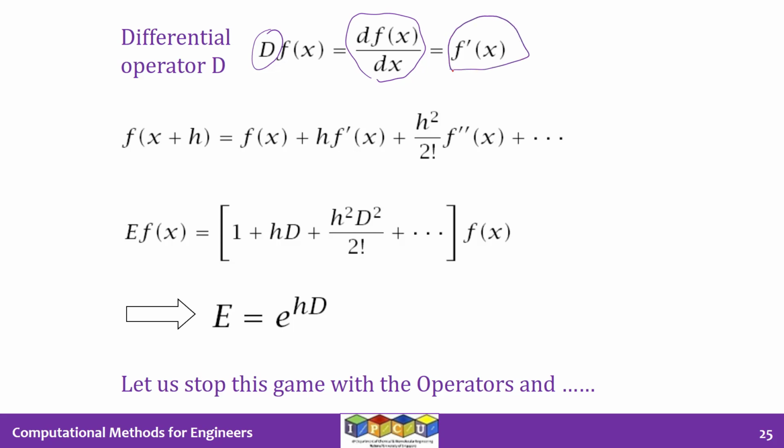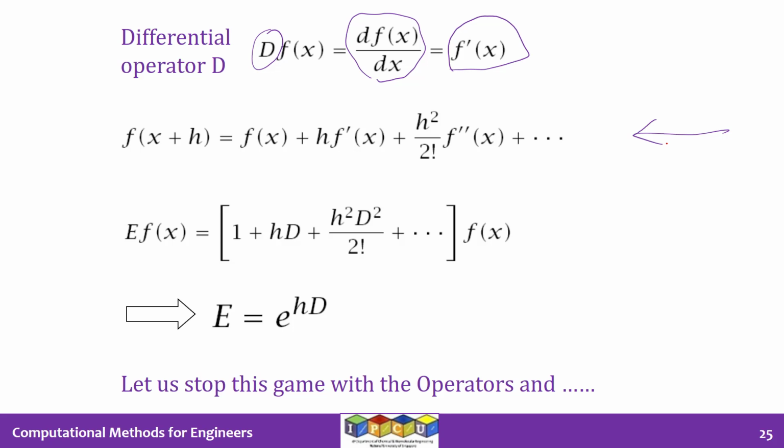Now, what you see here, this particular expression, is the Taylor series expansion. So if you are at x is equal to x, where the value of the function is f of x, its first derivative is f dash of x, its second derivative is f double dash of x, and so on.